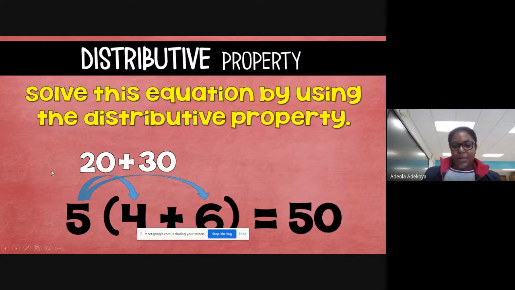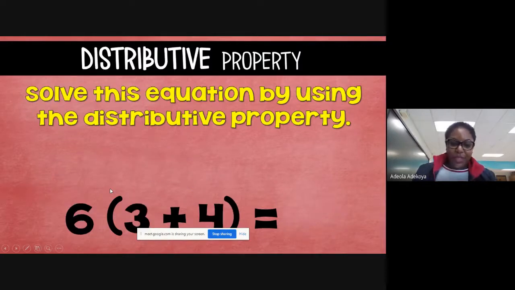Notice how this is Grandma on the outside, and she's distributing her gifts with each of the numbers. Here we've got another equation. Grandma being 6, the number of children in the first family is 3, and the number of children in the other family is 4.